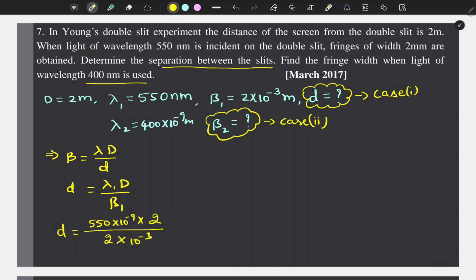So if we solve, the small d value we will get, 0.2 gets cancelled, is 0.55 millimeter, or 0.55 into 10 to the power minus 3 meter. This is case 1.